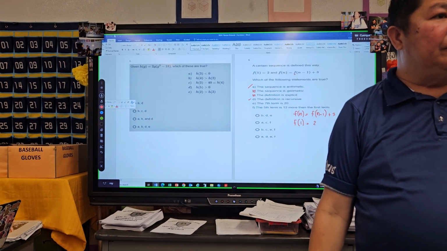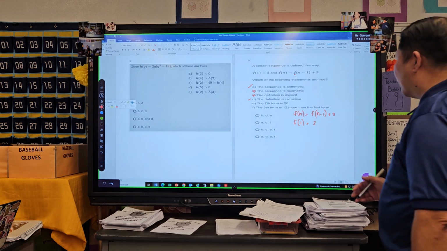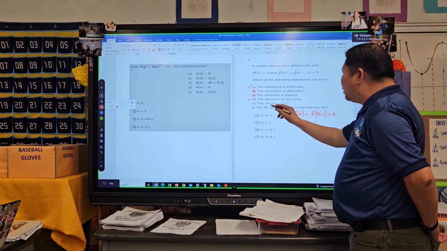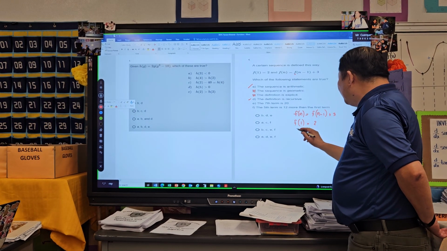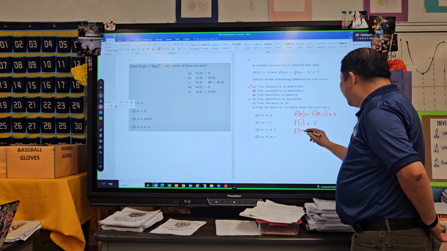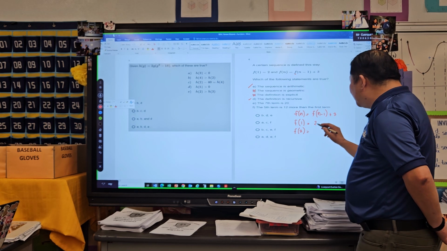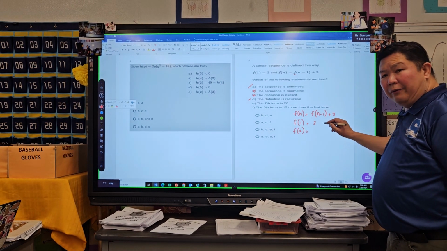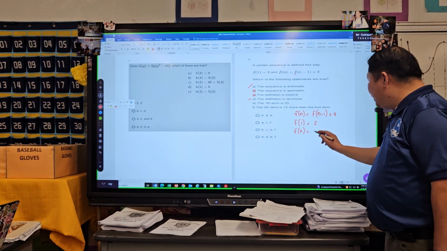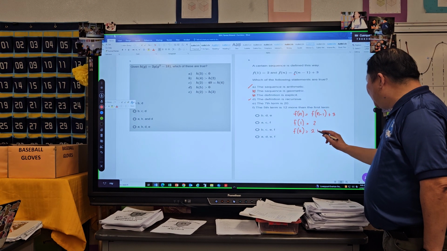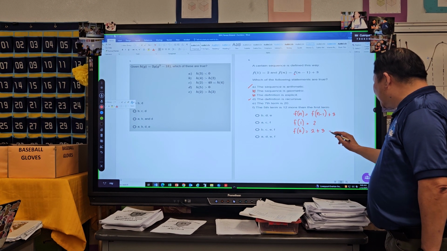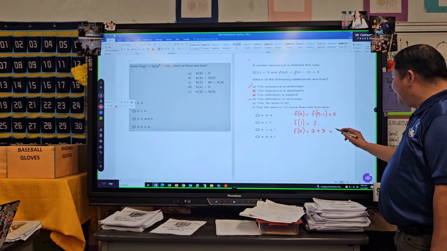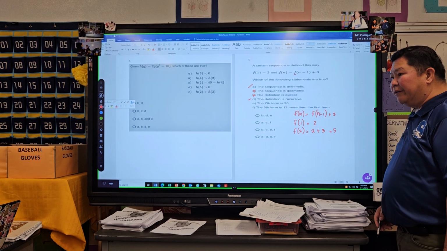You get me, guys? It's already 2. Therefore, if we continue solving for 7th term, we have f of 2. What is f of 2? F of 2, the previous f of 1 is 2, right? This means 2 plus 3. So therefore, f of 2 must be equal to 5.